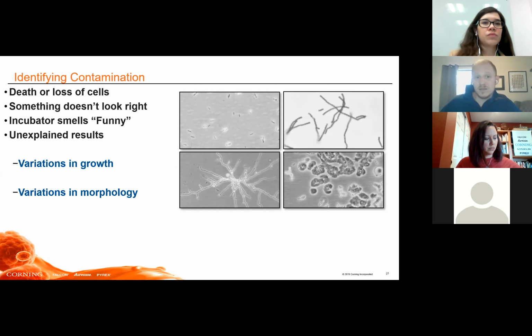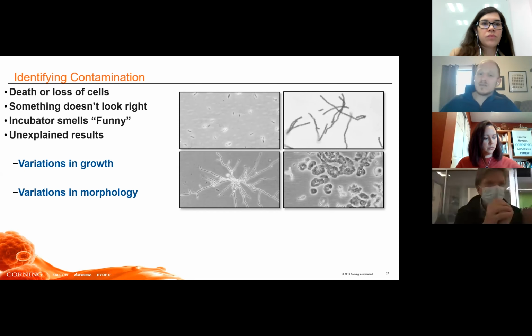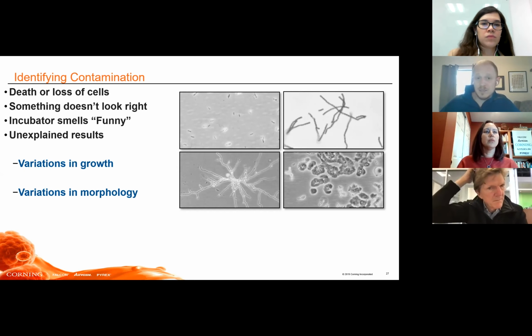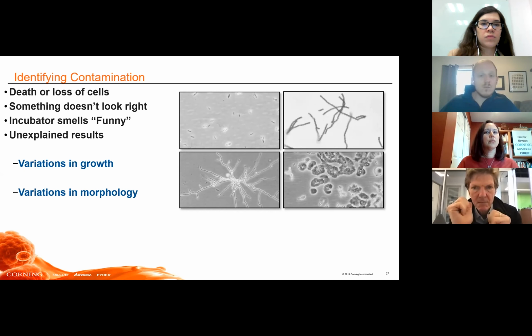The first is death or loss of cells. Something doesn't look right. Oftentimes the presentation of a contaminant is not gross, it's not obvious. So even if you see something that is slightly off from how your cells have been behaving before, it could be a potential contamination.